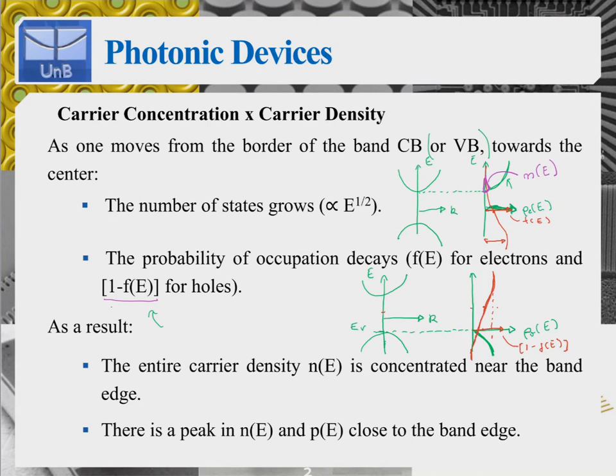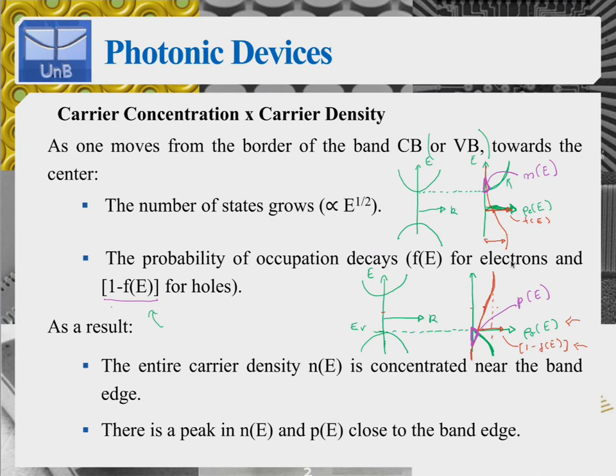And again, if we multiply the probability of occupation for holes by the density of states, we get the carrier density, which looks like the product of the green function and the red function, giving us the purple function right here. Right, this function is now P of E, the hole carrier density. Okay, it's a product of the red and the green functions.